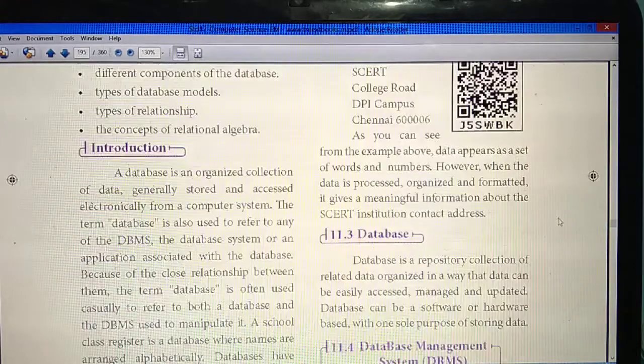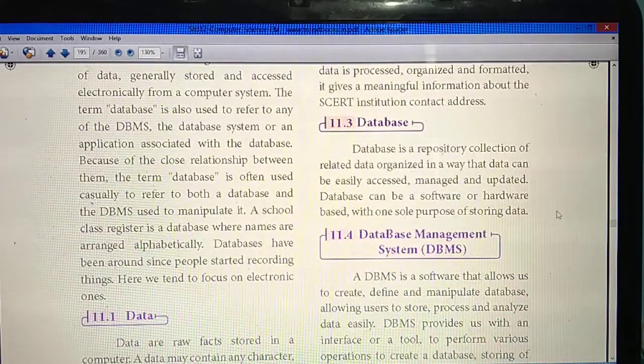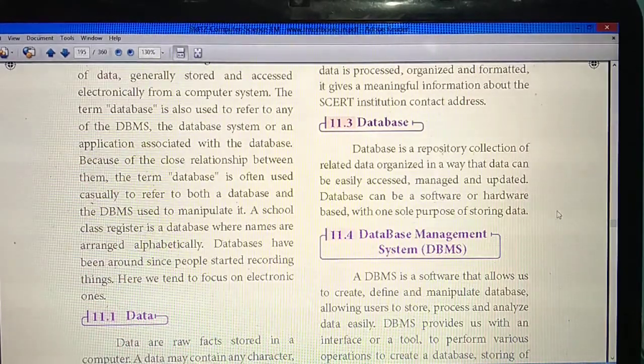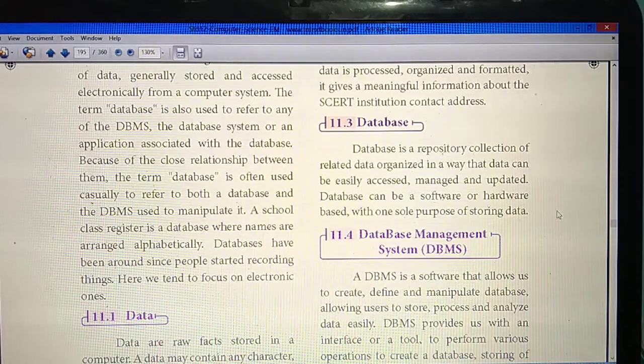Understand? Yes. Next is database. You have already studied the same thing. What do you mean by database? This is the definition for database: a repository collection. What do you mean by repository? Repository means a big or huge collection, not a small one. For example, in the register example, the 12th has a lot of divisions.